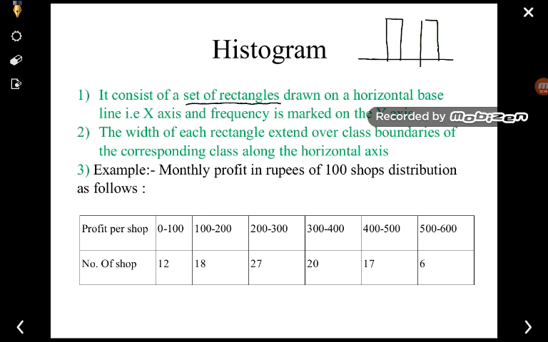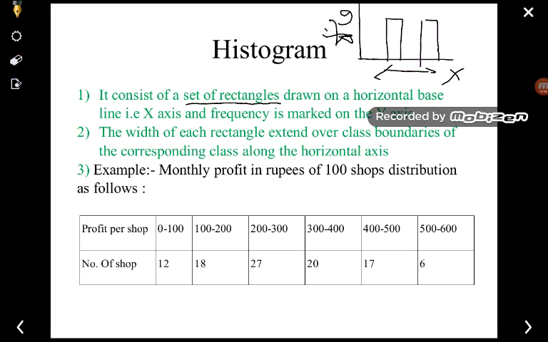So it consists of a set of rectangles drawn on a horizontal baseline, that is the x-axis, and frequencies marked on the y-axis. In order to draw a histogram, you have to label the frequency on the y-axis, and the horizontal baseline should be somewhere here, that will be the x-axis.